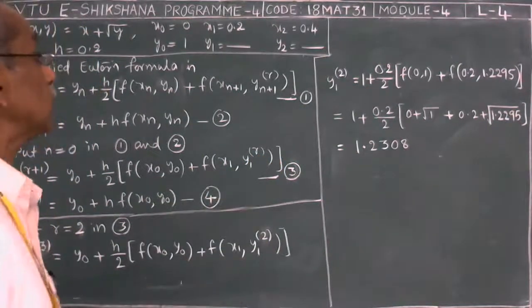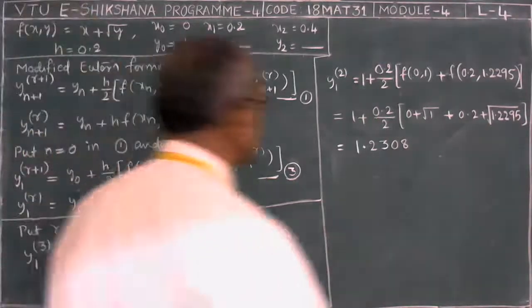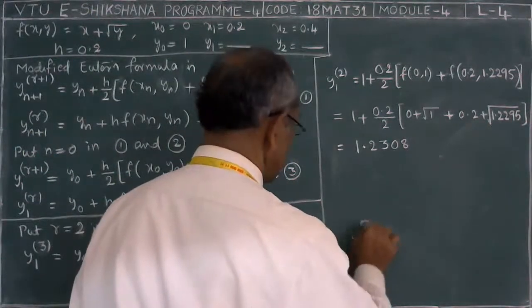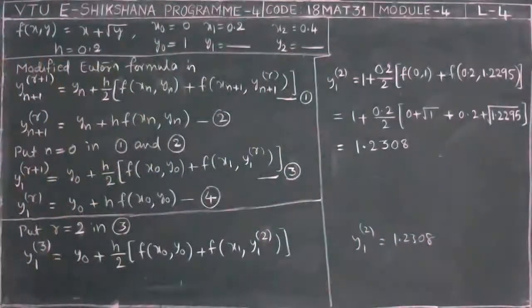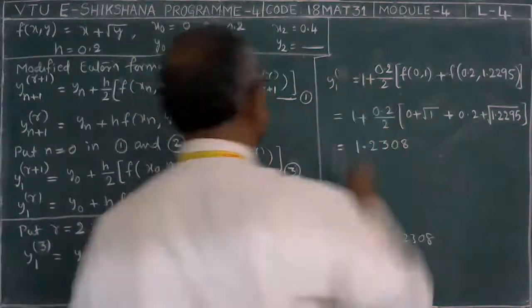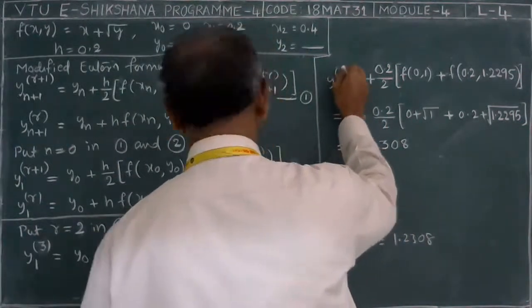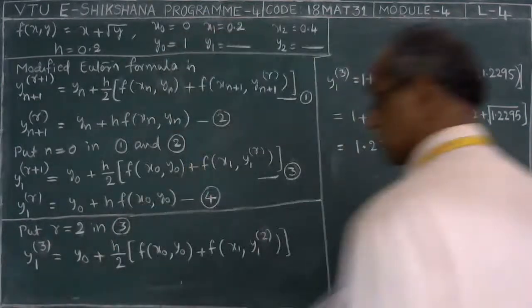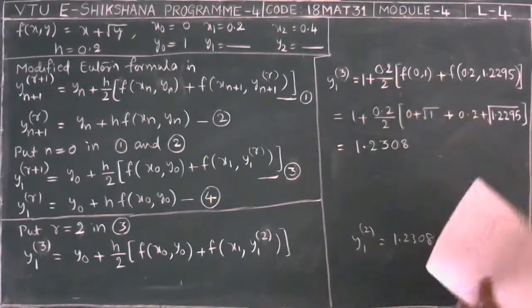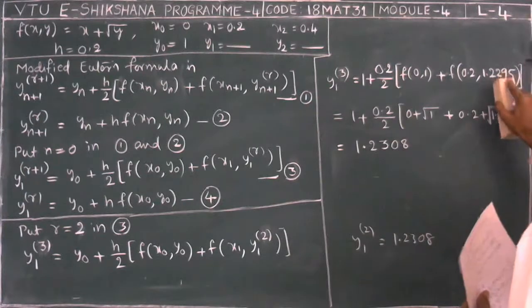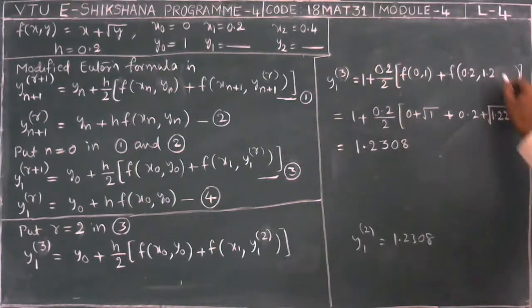So what is y12? y12 is 1.2308, so I will just write it here. Now y13: first substitute, then apply the definition. So y13 is equal to y0, 1, plus 0.2 by 2 into f of 0 comma 1, and here you should write 1.2308.